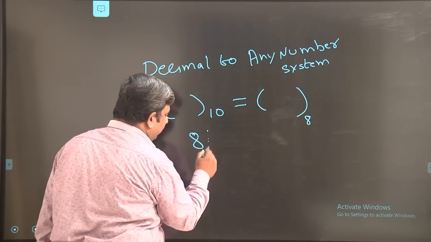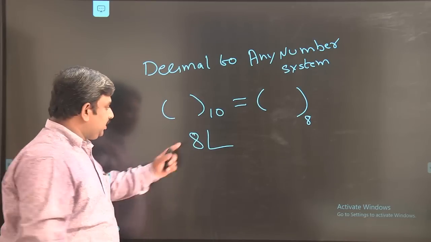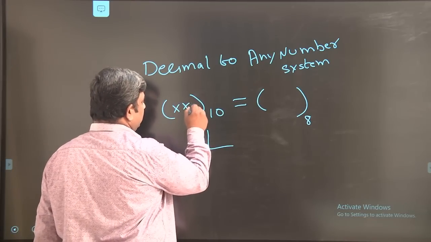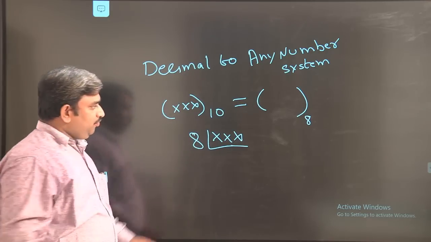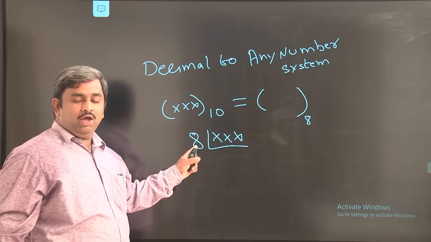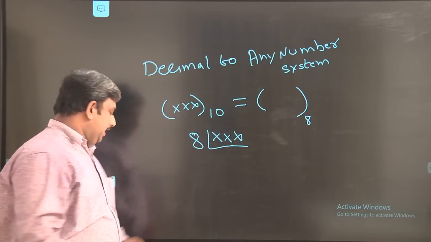That is, you have to divide the given number by the base. So this is some given number, which I have represented with x. If you want to convert into octal, you have to divide this number by 8.